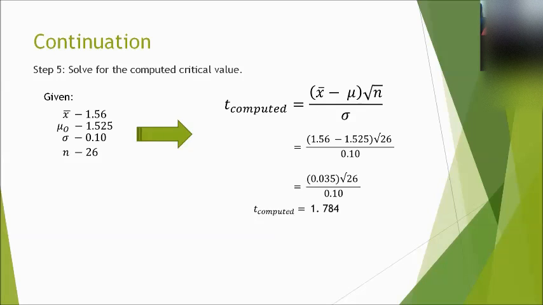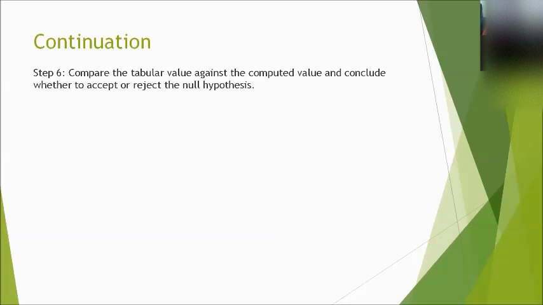So moving on to step 6, we're going to compare the tabular value against the computed value and conclude whether to accept or reject the null hypothesis. So the T computed value is 1.784, which is greater than the T tabular value, which is 1.708.